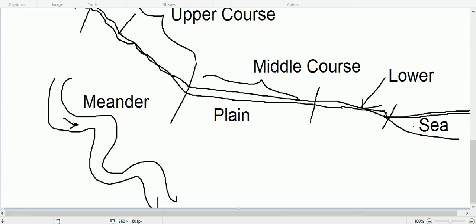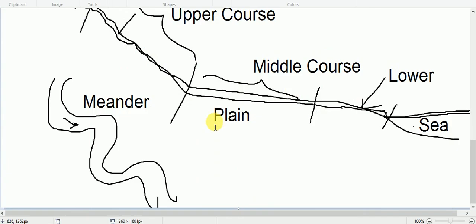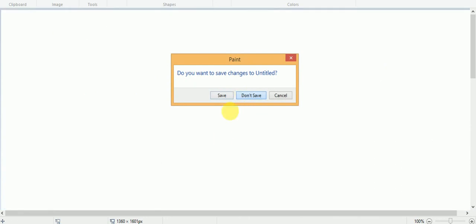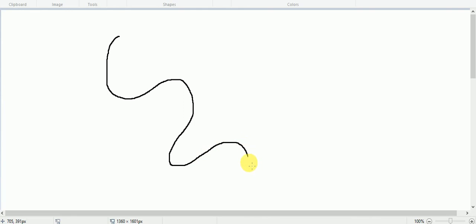Then oxbow lakes. See, oxbow lake. Actually, oxbow lakes are formed. I will open a new page. Let us say this is a highly winding river. This is the meander.